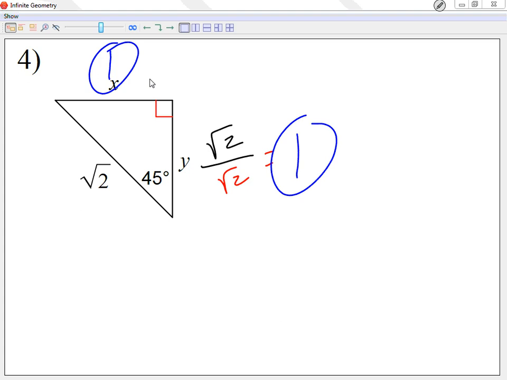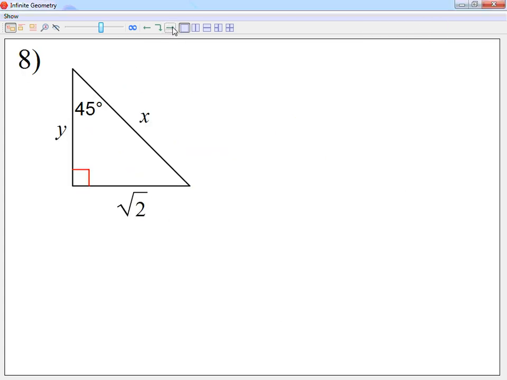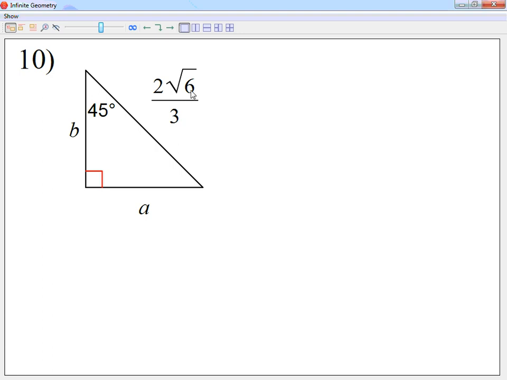Any other questions from the front? Yeah. 10. All right, looking at question number 10, I give you guys the hypotenuse. So to solve for A, one of the sides, let me write what we have to begin with, 2 radical 6 over 3. In this case, let me divide by radical 2.